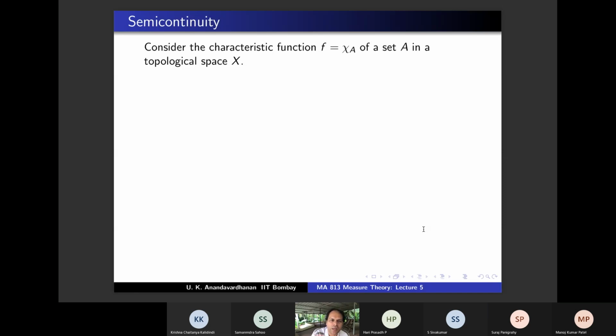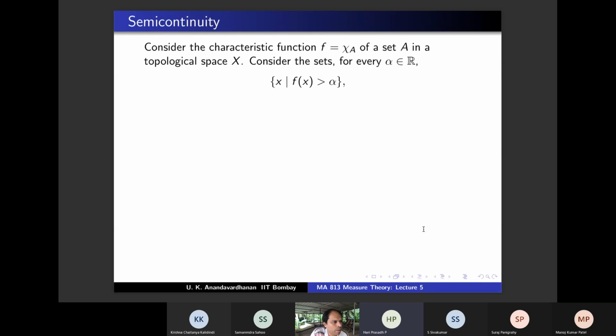So first of all, you take the characteristic function of a set A. F is chi A. If you consider this collection, for every alpha, the set of X such that F(x) is bigger than alpha, what are the possible choices for this set as alpha varies? Suppose alpha is 2. What is this set? Empty set.